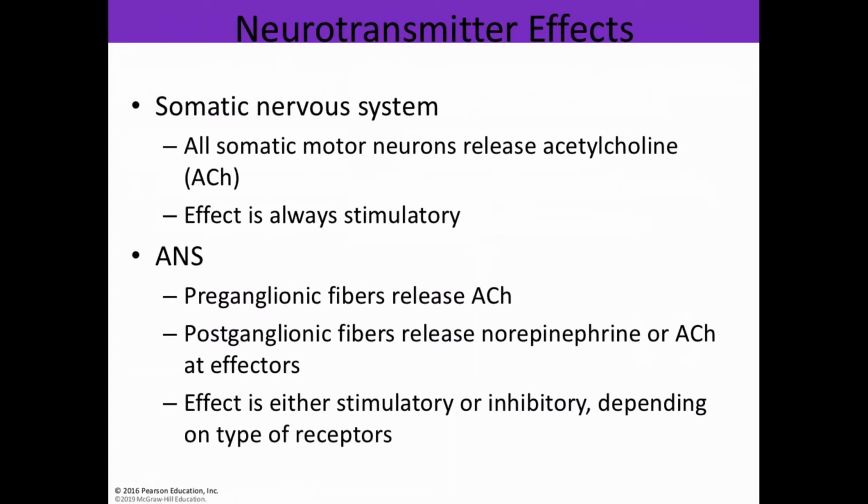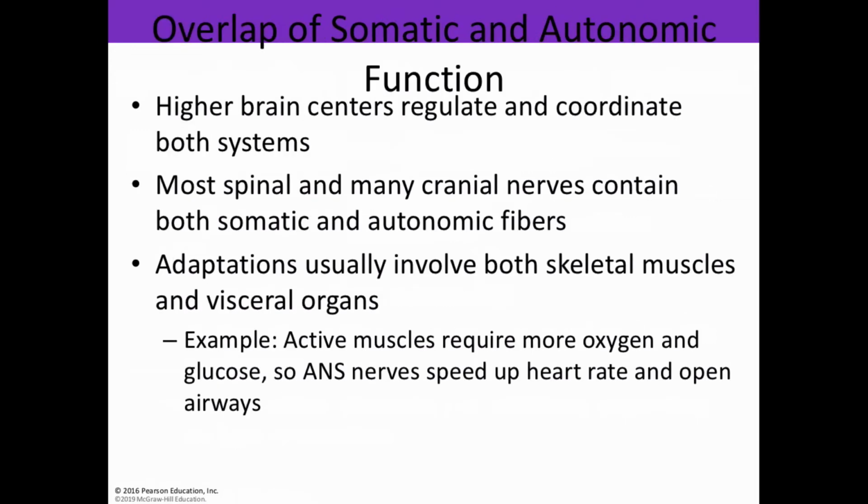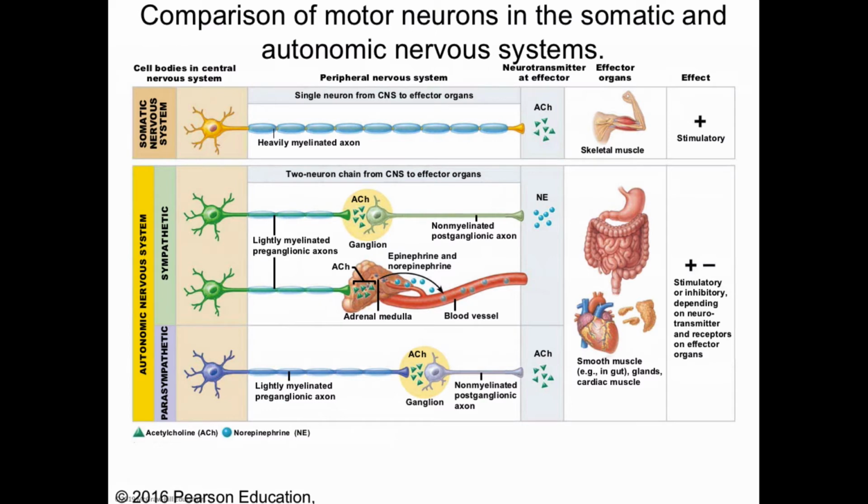Autonomic nerve fibers have pre-ganglionic cell bodies in the central nervous system, as the axon leaves the central nervous system. Post-ganglionic is the axon that extends to the visceral receptor.